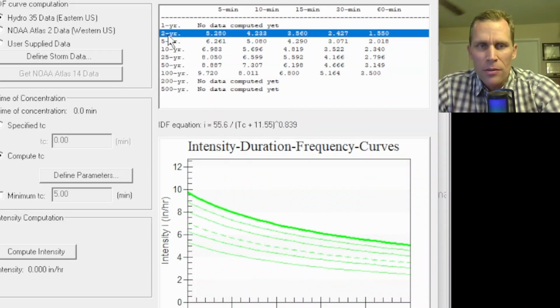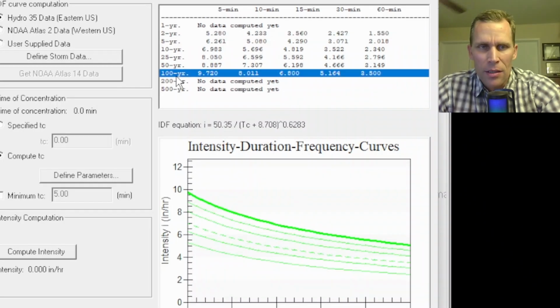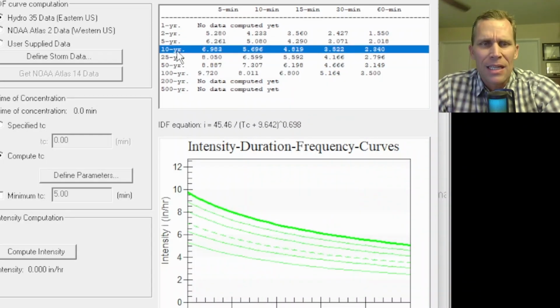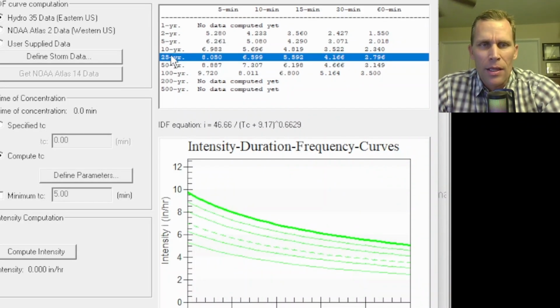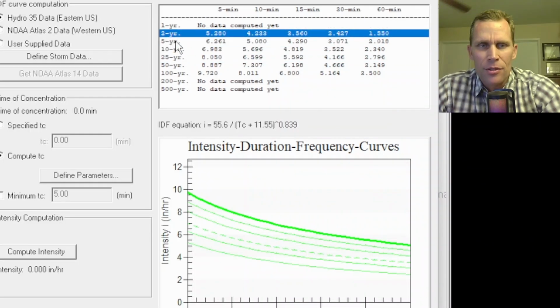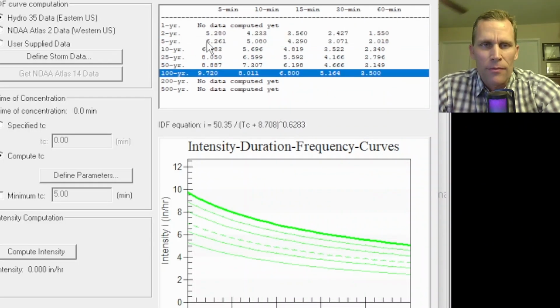We have everything from 2-year data up to 100 data because an interpolation process took place to generate some numbers for 5-year, 10-year, 25-year, and 50-year. So all the data on these different rows were just generated automatically, and that is only for the 5-minute, 15-minute, and 60-minute. So the 10-minute and the 30-minute data was also interpolated for the 2 return periods that we actually saw maps for, which was 2-year and 100-year.